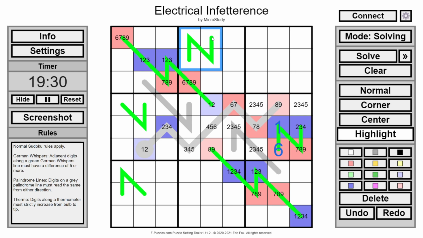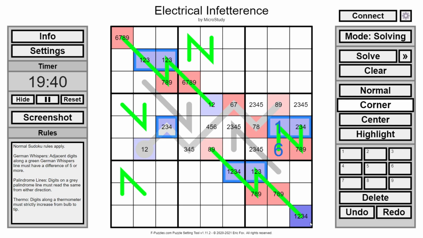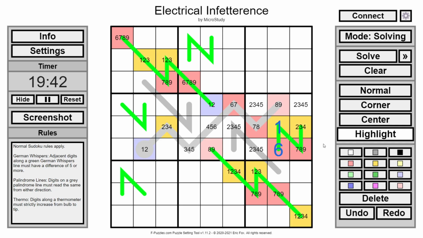Maybe it's this little N duder again? It was surprisingly helpful at the start. You know what, I want to change these dark blues. I'm going to change them to dark yellow. I think that dark blue is a little hard to see for me, so I'm going to change it up.